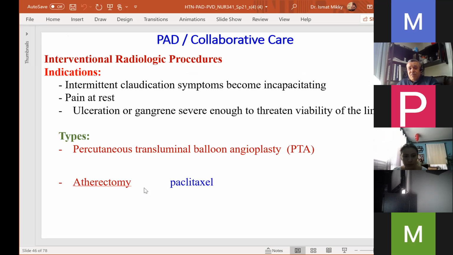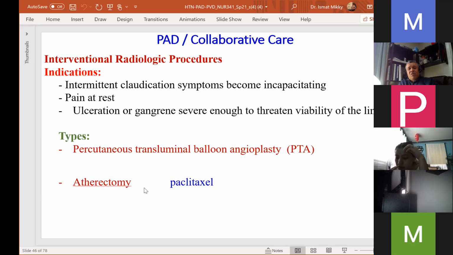So the other modalities to treat PAD are the interventional radiologic procedures. The indication is intermittent claudication symptoms becoming incapacitating, which means that the patient's current medical regimen is refractory to treatment.